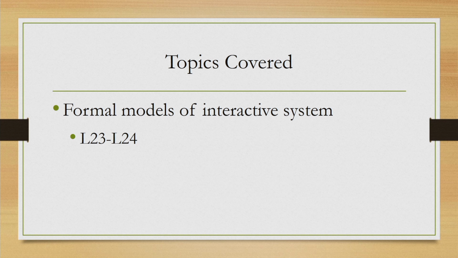Another class of computational models were discussed in the 2 lectures, lecture 23 and 24. Those are called formal models of interactive systems. Now, these models were slightly different in nature than the user models that we have discussed in the previous lectures, but their overall objective is to capture the usability concerns and include that in the overall software.